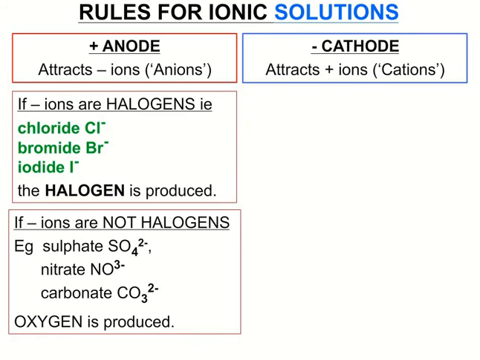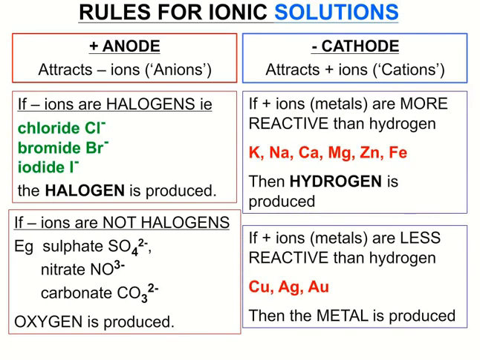Rules for ionic solutions. Anode attracts negative ions. Cathode attracts positive ions. If negative ions are halogens, chloride, bromide, iodide, the halogen is produced. If negative ions are not halogens, sulfate, nitrate, carbonate, then oxygen is produced.